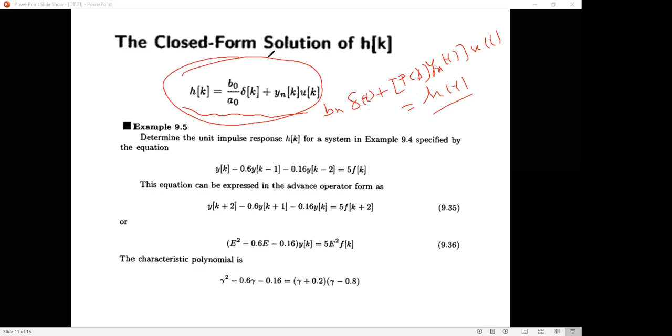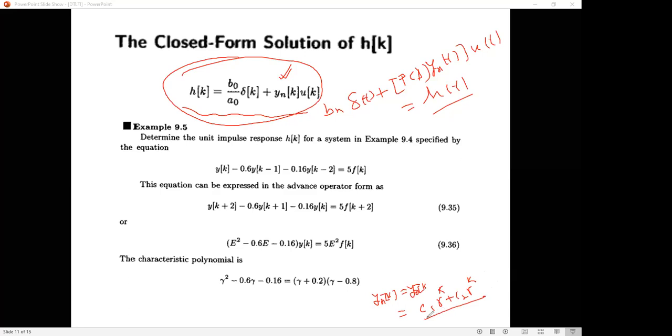And if your B0 A0 will be coming from the difference equation, and Ynk is the natural solution, it will have the same form as Y0K, equal to, say, for distinct roots, C1 into gamma to the power K plus C2 into gamma to the power K, or if it is complex, it can be cosine or sine, something like this.